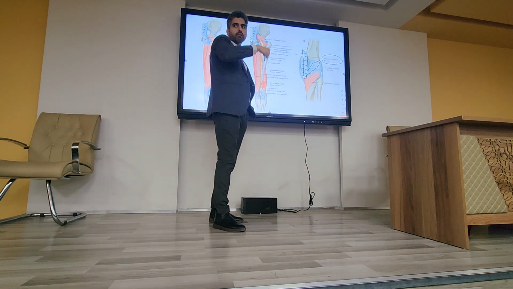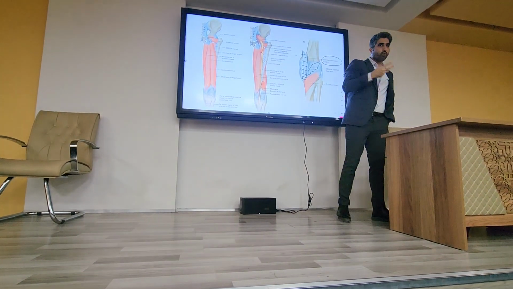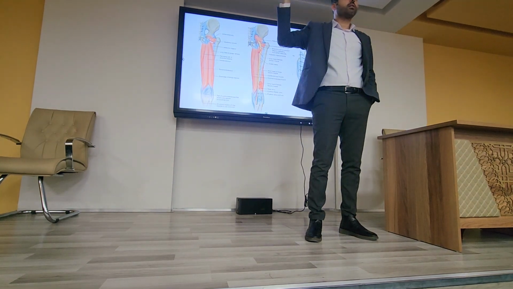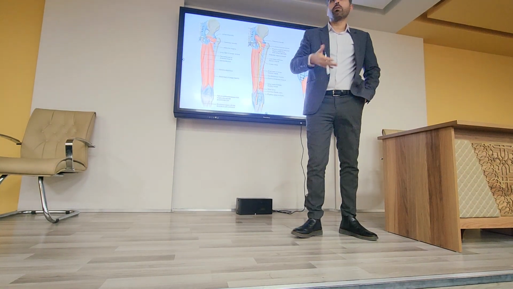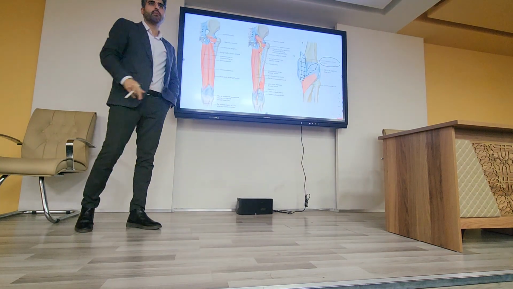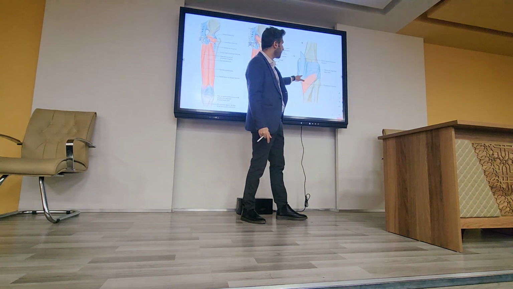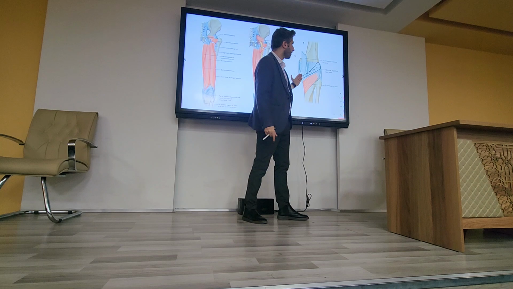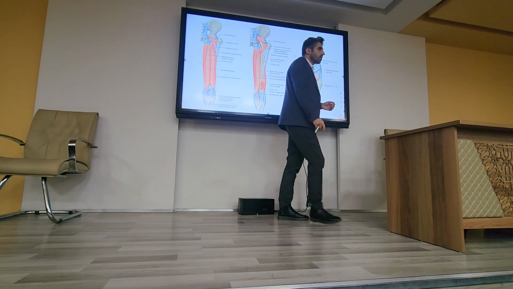So if I ask you, what is the origin of the oblique popliteal ligament? Don't confuse. This is the extension of the semimembranosus tendon. It starts from here, attached to the lateral condyle of the femur. Goes up and lateral.